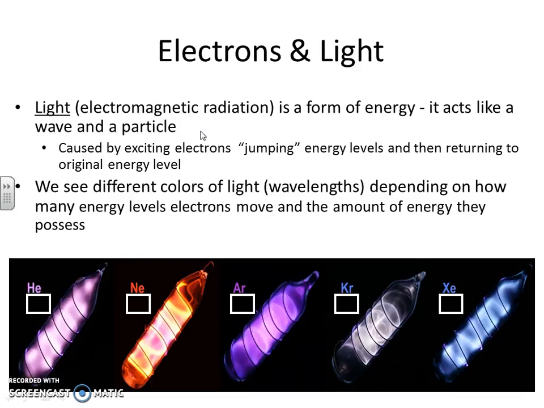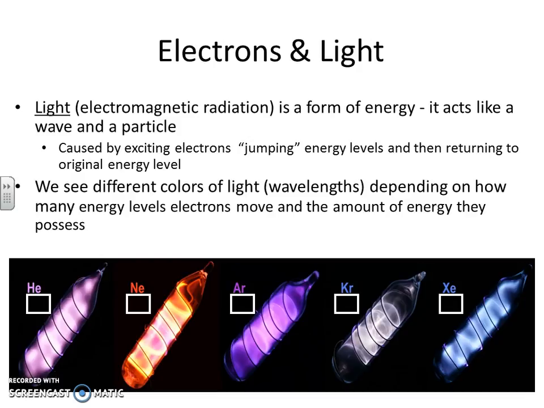It acts like a wave and a particle, but light is caused by exciting electrons jumping energy levels and then returning to the original energy level. So we know that the low energy levels are closest to the nucleus and the higher electrons are further and further away.